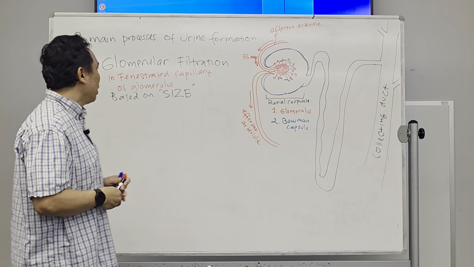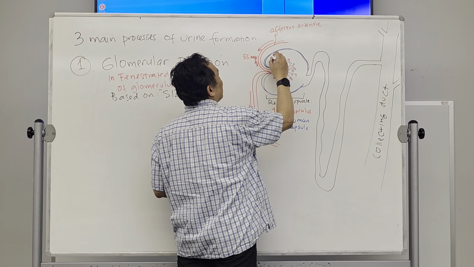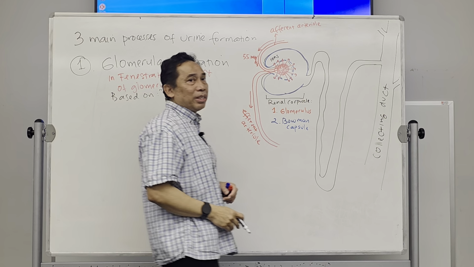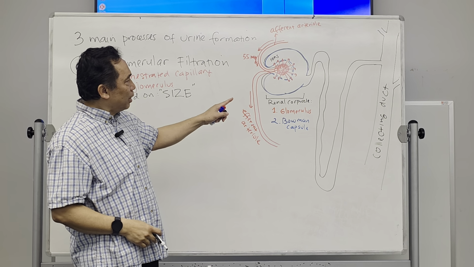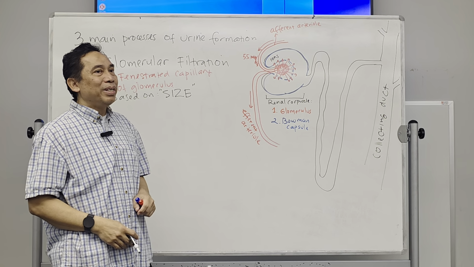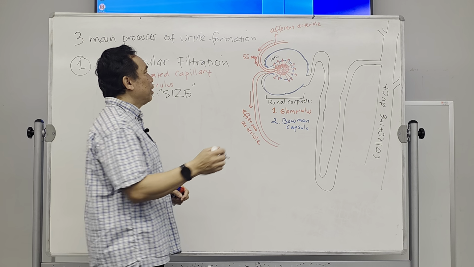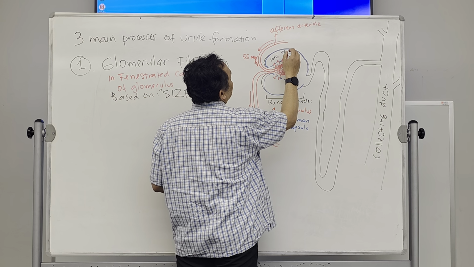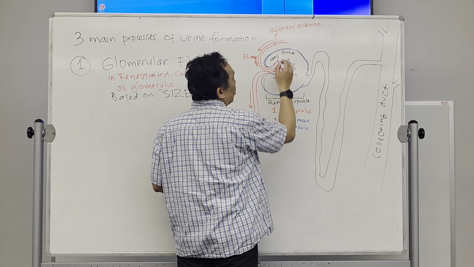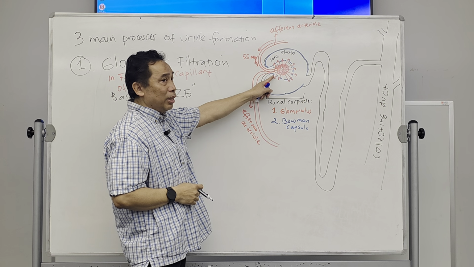Smaller molecules, like ions, for example, will be filtered, pushed out from the blood into the Bowman capsule. Other small molecules like glucose are also small compared to the pores or holes over here.